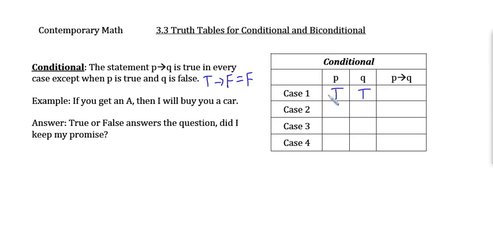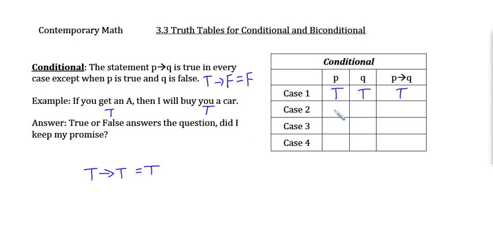So if P is true, that means it was true that you got an A. If Q is true, that means it's true that I did buy you a car. So in this case, did I keep my promise? And the answer is yes. Therefore, this is going to be a true statement. Okay? So when we get T arrow T, that's going to equal a true statement.